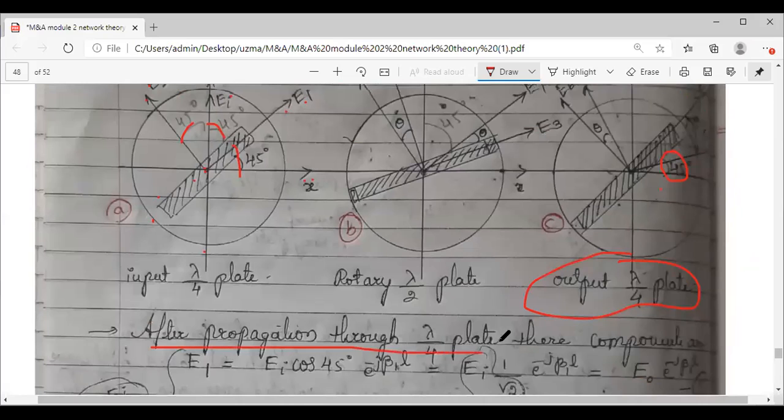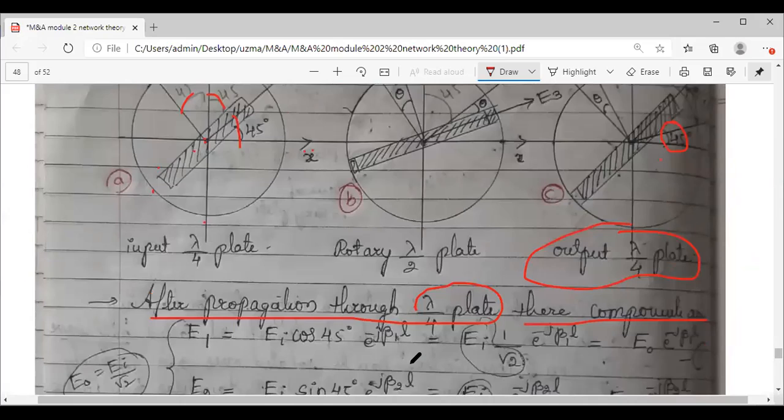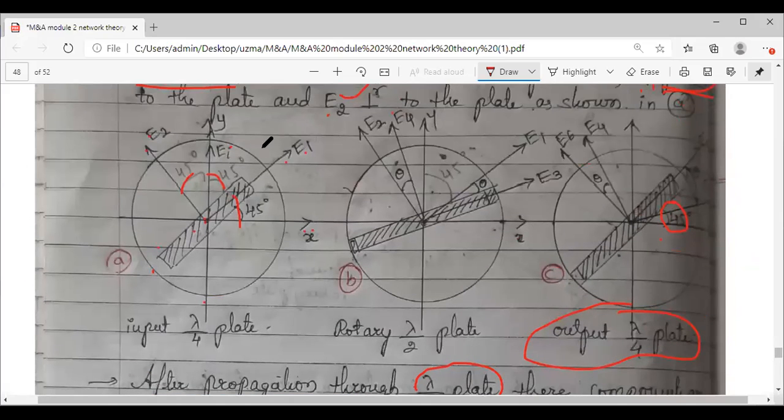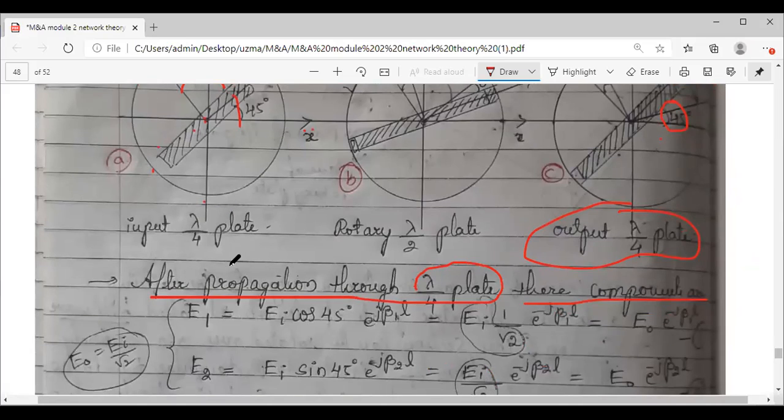After the propagation through the first plate, this quarter wave plate, the components E1 and E2 are resolved into horizontal and vertical components, and you can write them mathematically. What is E1?